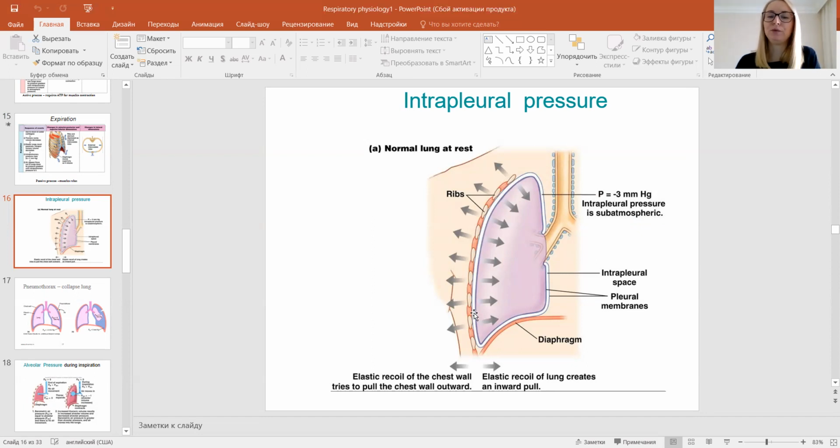Its volume fluctuates between 4-12 milliliters in lungs of healthy person. However, in case of pathology, for example, pleuritis, which means inflammation of pleural leaves, the volume and composition of this liquid might be essentially changed, which results in disorders of pulmonary ventilation.